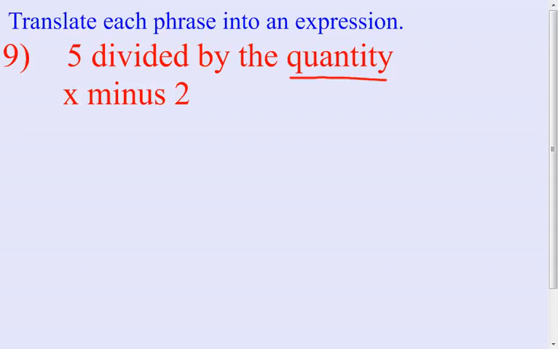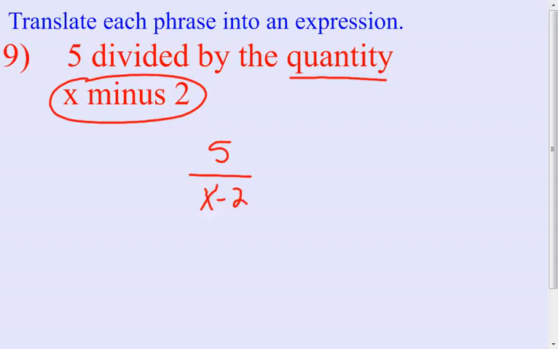When you see that word quantity in there, that means it wants you to group whatever is coming next. So I am going to take 5 divided by the quantity. I am going to group this part of the statement. That's what quantity means to do. So x minus 2 would be written like this. x minus 2, but I'm dividing by that whole quantity.